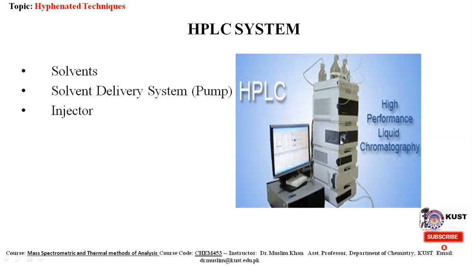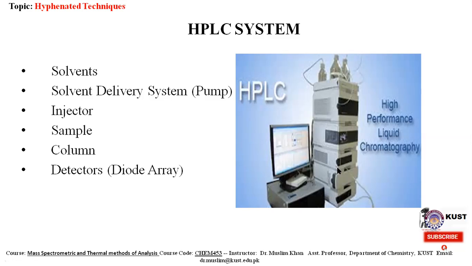So the sample is injected in the path of the mobile phase, and then the sample along with the mobile phase reaches the column. In this part of the chromatographic system, a column is fitted, and the sample along with the mobile phase is pumped through this column by this high performance system. And last, the detector.